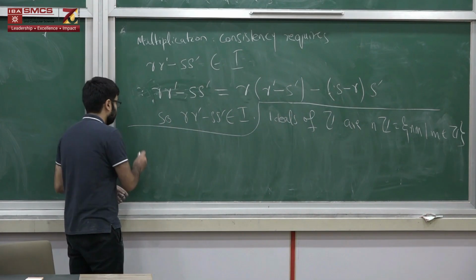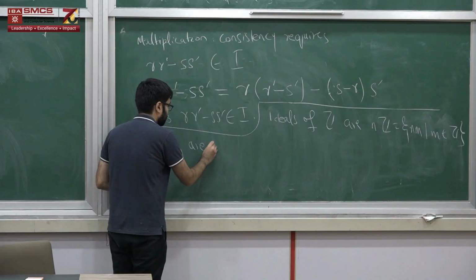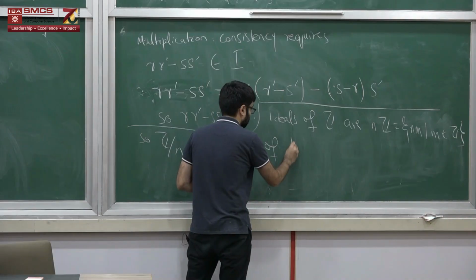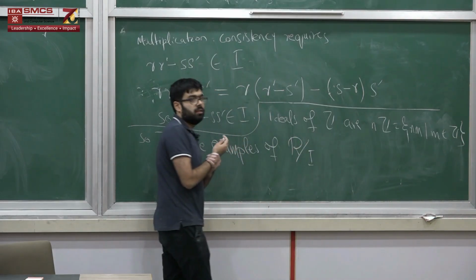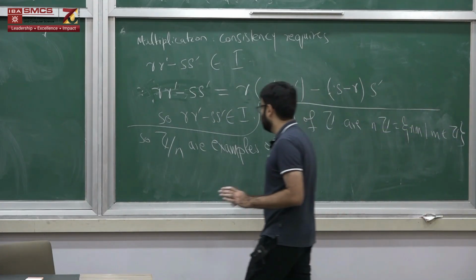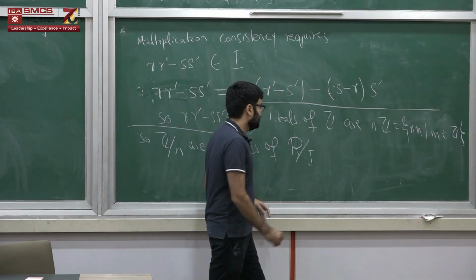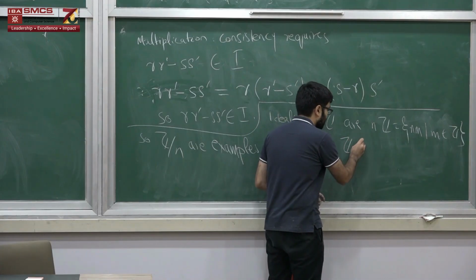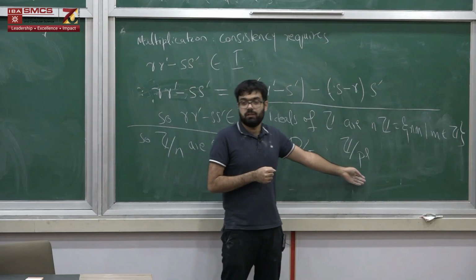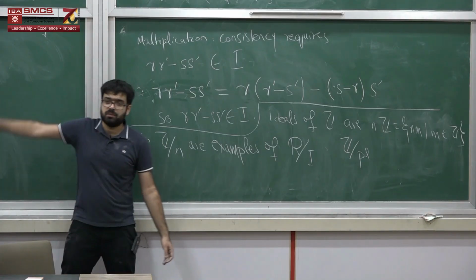So Z mod n, the rings we were talking about earlier, are examples of R mod I. We have some examples of R mod I, but what I would like is a generalization of Z mod p to the L. This is what we needed to define our sequence of rings on which we applied this kind of Newton's method due to Hensel.